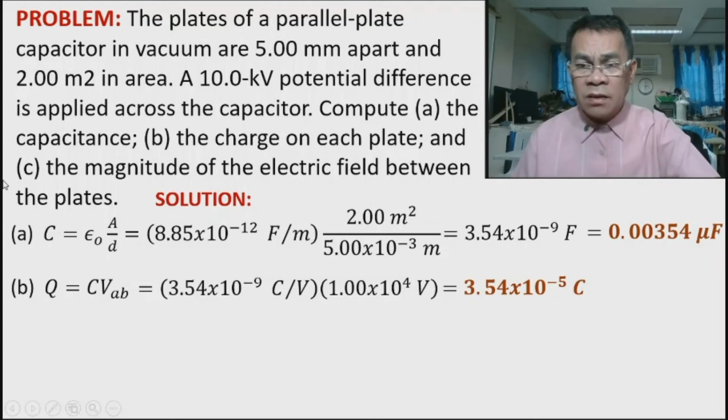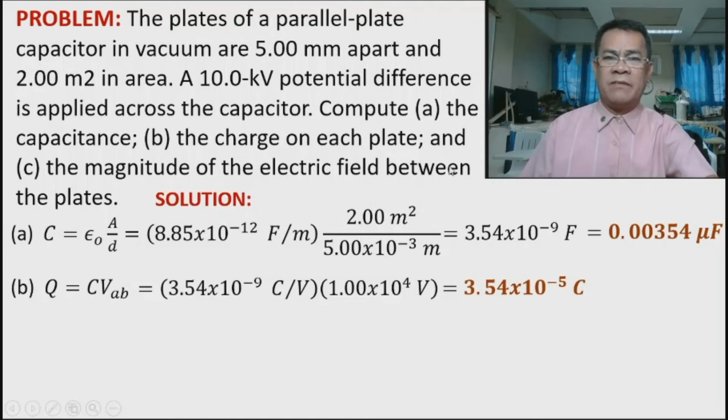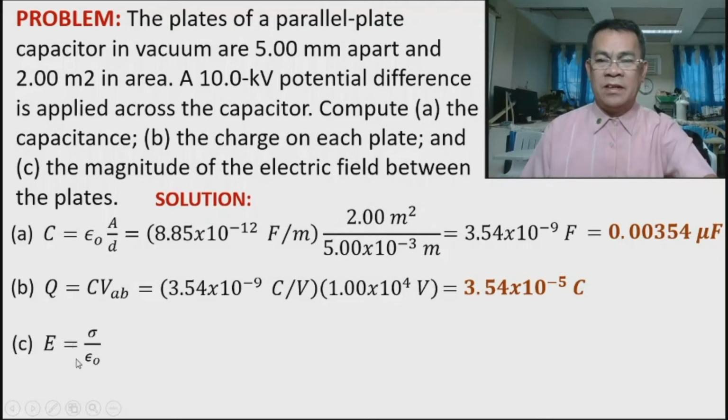Letter B, you are asked to solve for the magnitude of the electric field. Take note, there are two formulas. The potential difference is electric field times D, in our previous slide. Another formula is the surface charge density over permittivity.